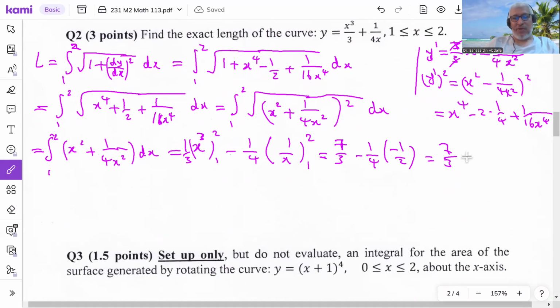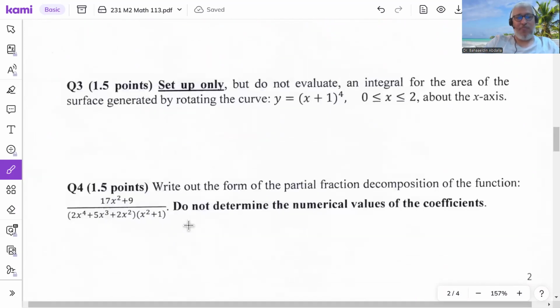So it's 7 over 3 plus 1 over 8. And you can add in the calculator if you like, or just add here these two terms and you will get 59 over 24. So that's the answer.